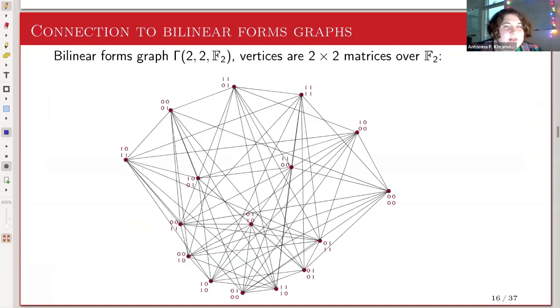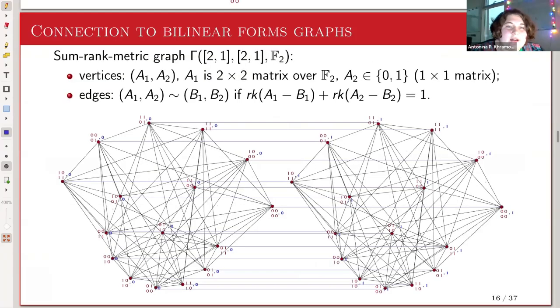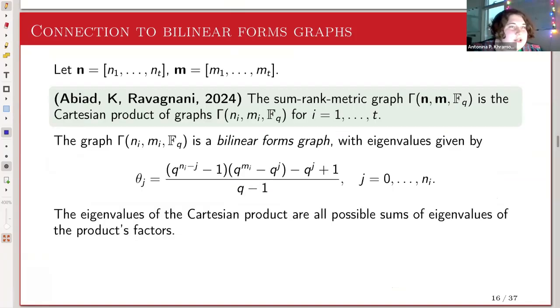So when we started with a bilinear forms graph for the 2x2 matrices, and then we got the sum rank metric graph for 2x2 and 1x1 matrices by taking the Cartesian product of two graphs. So this idea actually works in general. So any sum rank metric graph can be represented as a Cartesian product of T bilinear forms graphs, where each graph kind of corresponds to each matrix.